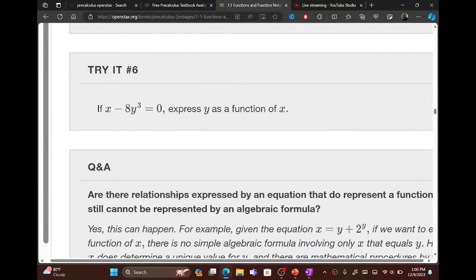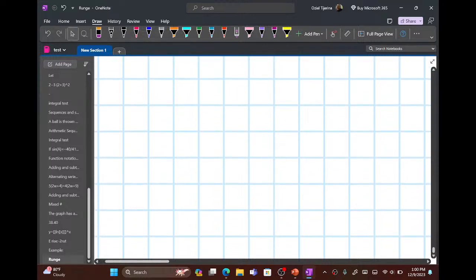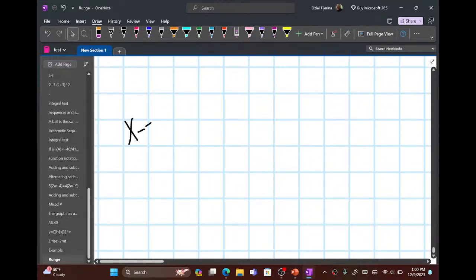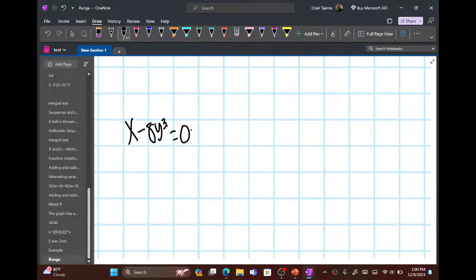Now this one, x minus 8y cubed, is an example of what I'm talking about. This is okay. Our goal again: is x minus 8y cubed equals 0 a function?